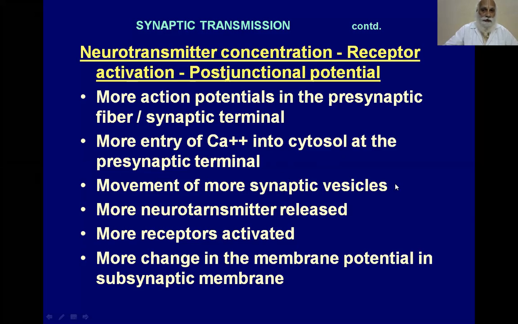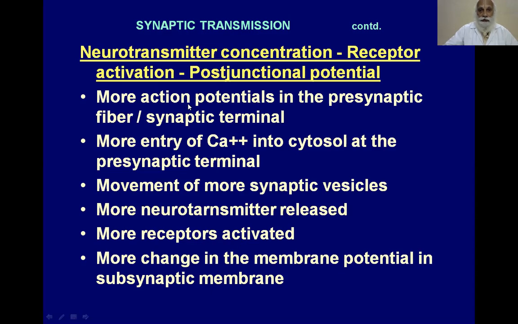This causes more synaptic vesicles to move towards the presynaptic membrane. Then finally, neurotransmitter is released. So the more synaptic vesicles, the more neurotransmitter released, the more receptors activated, the more change in the membrane potential of the subsynaptic membrane.